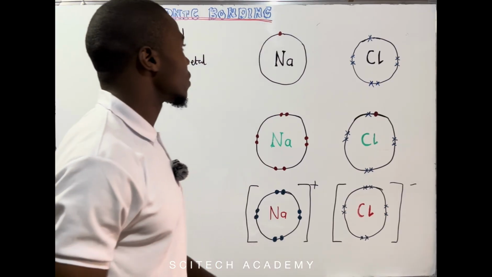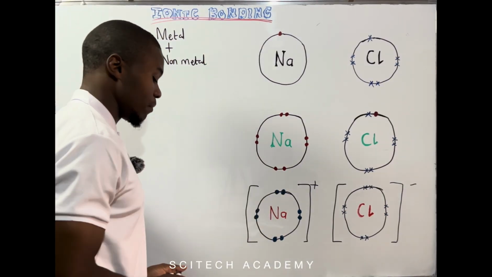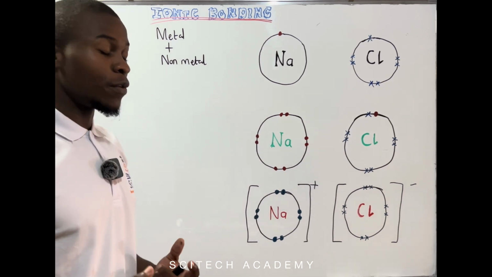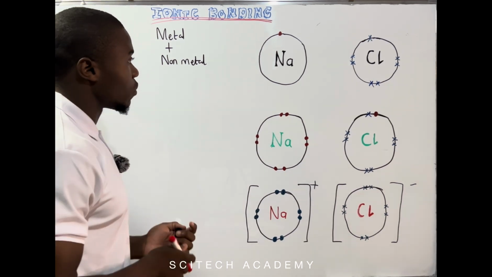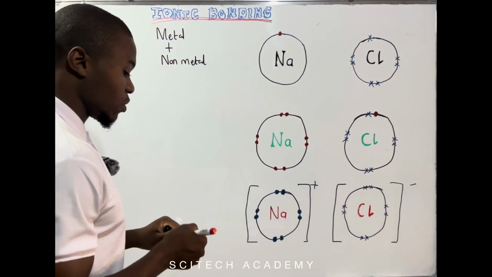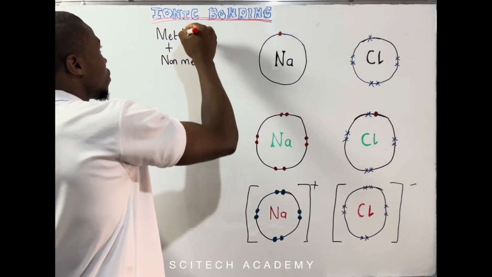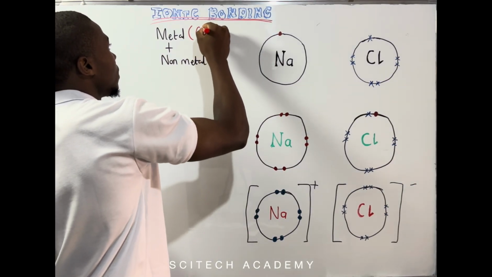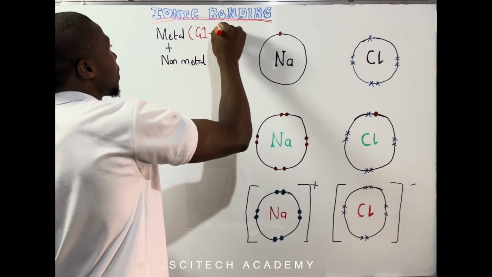Now, before I start to explain whatever is happening on this diagram, I need you to go back a little bit to atomic structure so that you understand how these atoms are operating. Metals, by default, according to the periodic table, range from group 1 to group 3.